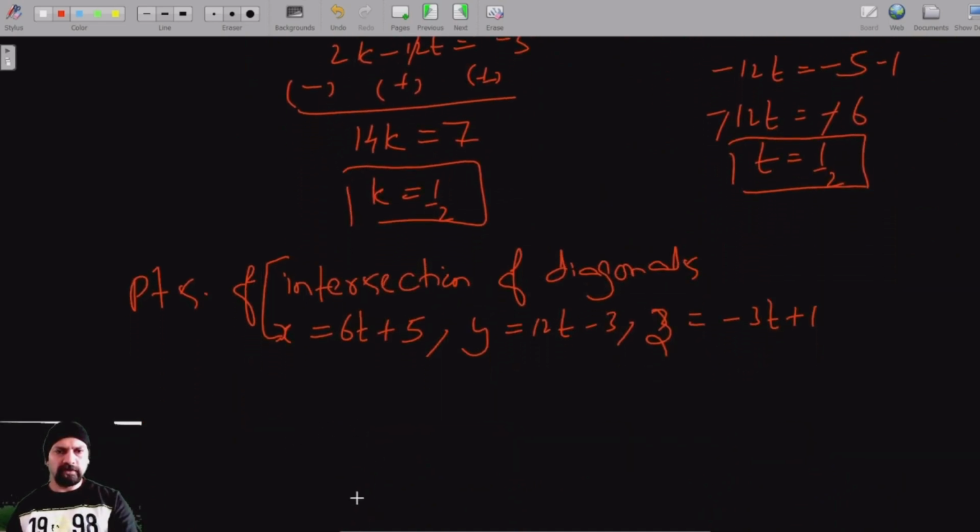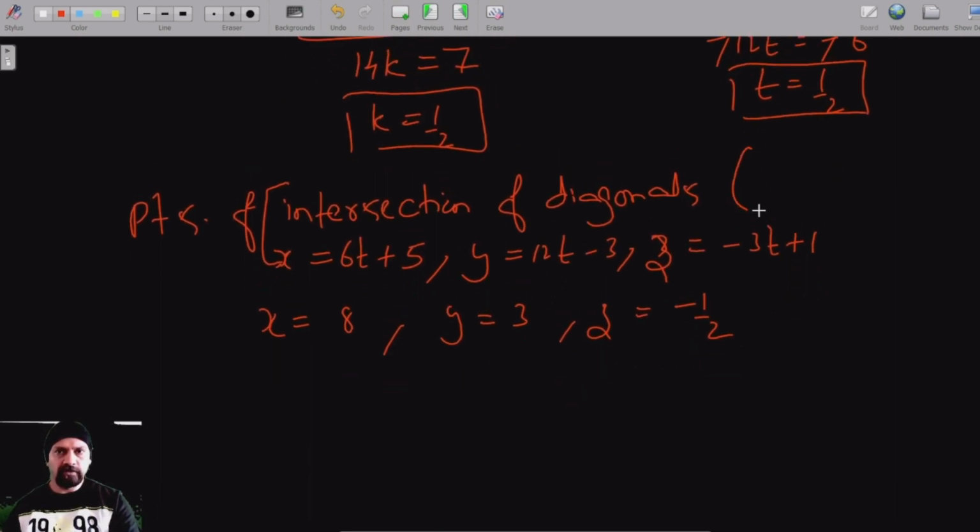If we replace the value of t, x is equal to 6 into half is 3 plus 5 is 8. Y is equal to 12 into half is 6 minus 3 is 3, and z is equal to minus 3 into half is minus 3 by 2 plus 1 is negative half. So the point of intersection of diagonals is (8, 3, negative half).